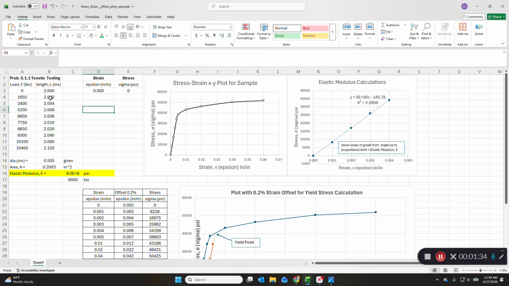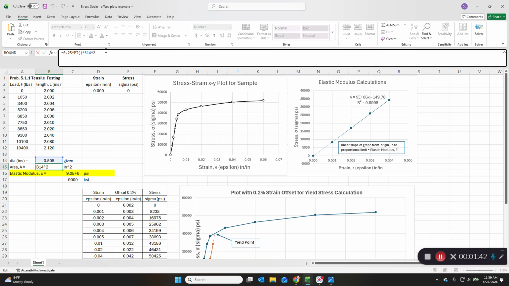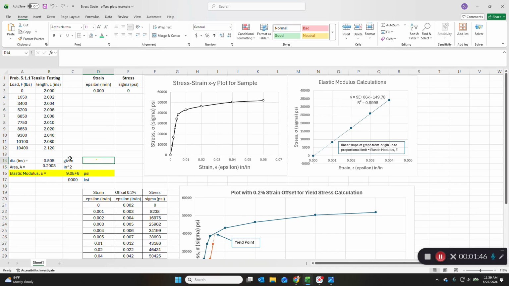Now, how do we get a stress and strain from just load and length and area? Well, diameter rather. We need to calculate the sample area, and we're assuming it's cylindrical, so it's 1/4 pi d squared with d given in inches, and the area then is 1/4 pi times this diameter squared. We get 0.2003 square inches.